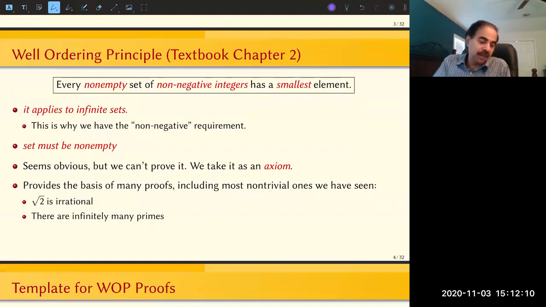Okay, so now we have used this principle many times. So for instance, when we proved that square root 2 is irrational, we would say, okay, then it can be expressed as p divided by q, and we make the assumption that p and q are as small as they can be, right?